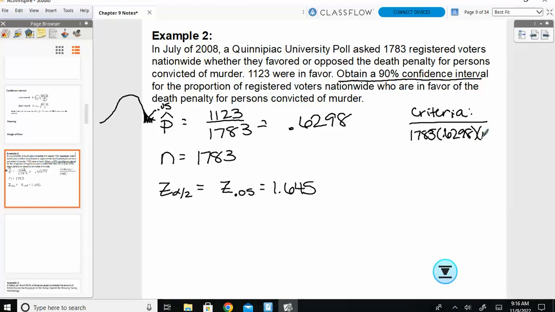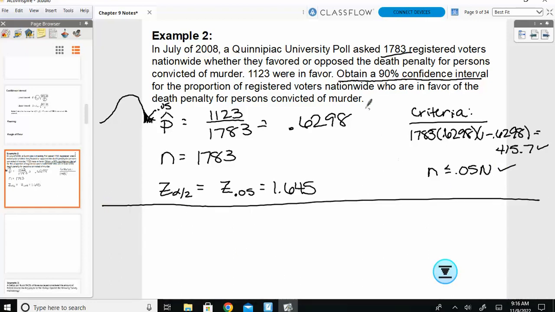And remember, on the criteria, you don't necessarily have to show me a lot. I just need to see enough to know that you're checking it. So if you multiply those, you get 415.7, so that's definitely bigger than 10. We're talking about all registered voters, so would 1,783 be less than 5% of the population? Yeah. So those are my criteria.